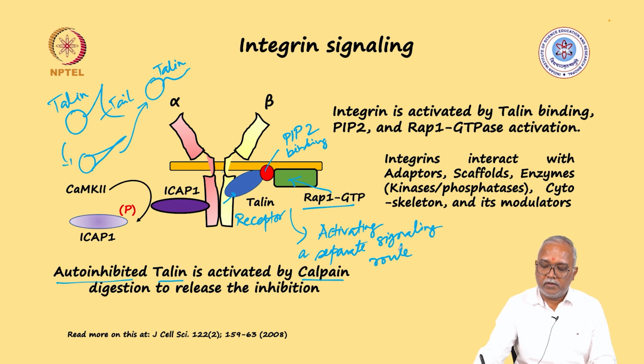Remember, in case of receptor tyrosine kinases, we saw how RAS was being activated, which was impinging on the MAP kinase pathway. So even RAP GTPases which are here, they can actually work along with the MAP kinase pathway.